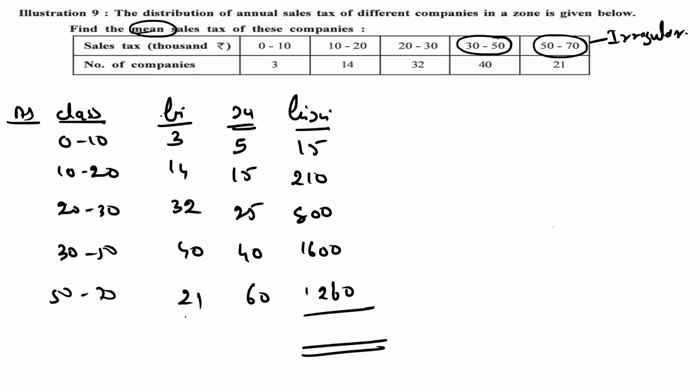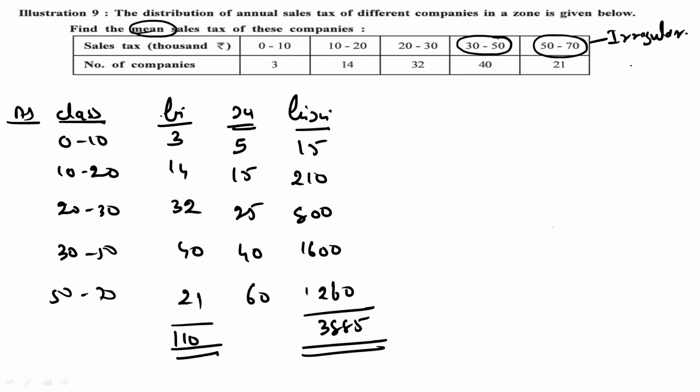Now we can make the total. Anyone have the total of FiXi? 3885. And what is the total of Fi? 110. Very fine. Roll number 21, can you say the formula to me?